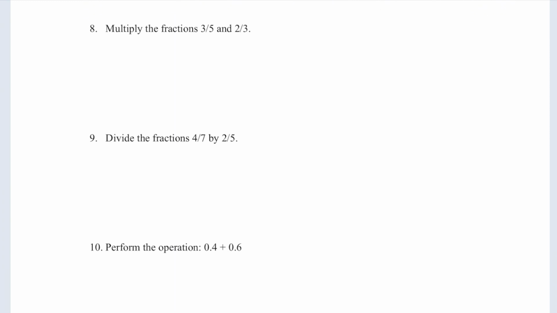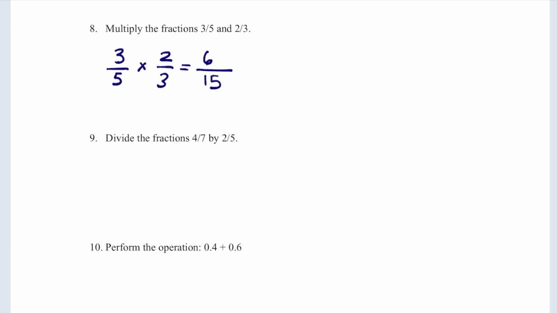So then when we come to multiplying fractions, what we're going to do is just multiply across. So we have 3 over 5 times 2 over 3. So what we're going to do is multiply across. So 3 times 2 is 6. 5 times 3 is 15.